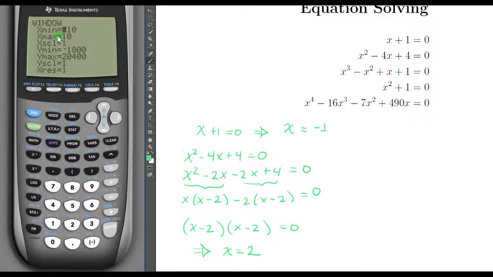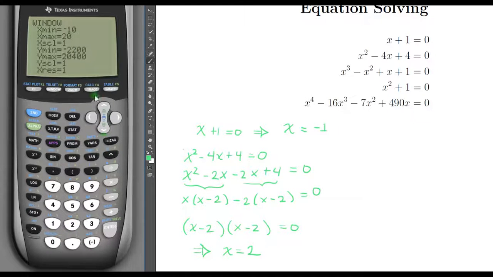Okay, so X min, I'm gonna leave it at -10. For the X max, I'm gonna go to 20. Now this is where the minimum and maximum change for the Y values. So for Y min, instead of 1800, I'm gonna go -2200.